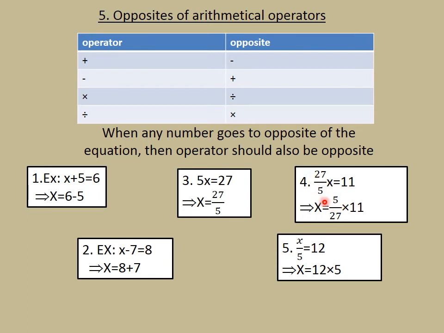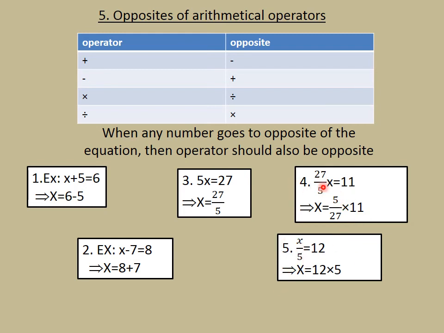Then it becomes the reciprocal of 27 by 5: the numerator becomes the denominator, and the denominator becomes the numerator. It becomes opposite, so 5 upon 27. When it goes to this side, you will write 5 by 27 multiplied by 11.